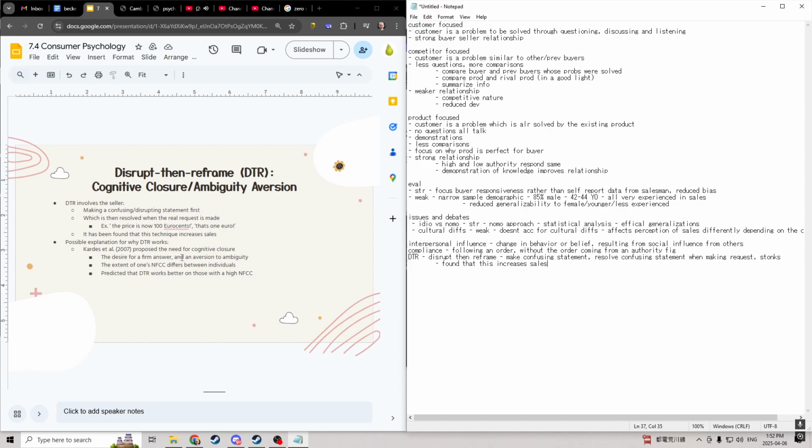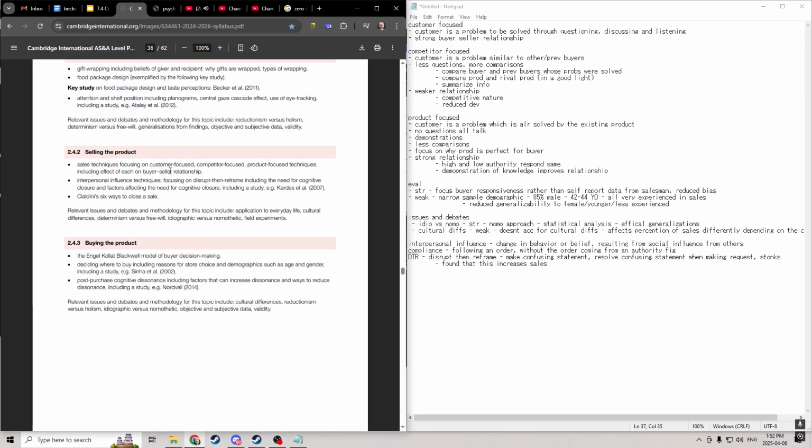Possible explanation for why this works: the desire for a firm answer. Yeah, so it promotes the need for cognitive closure. So you need to know specifically about cognitive closure, yeah.